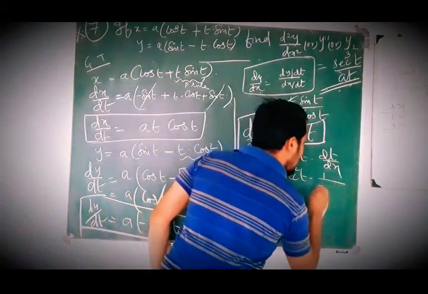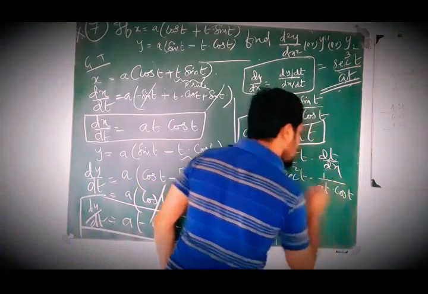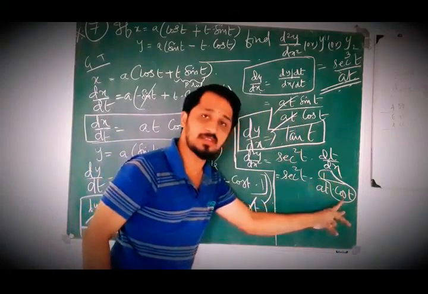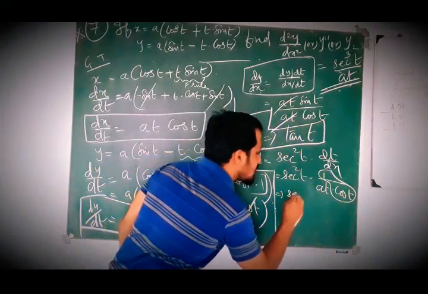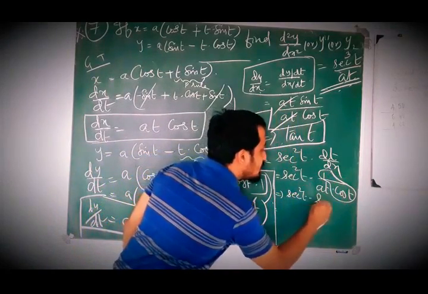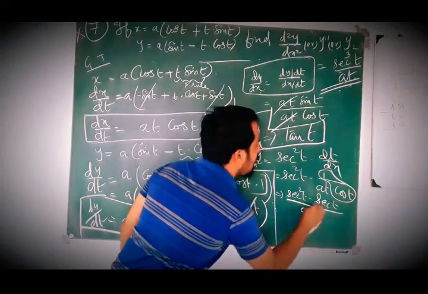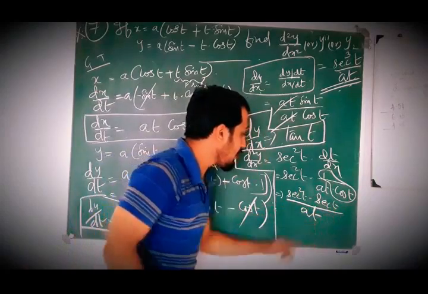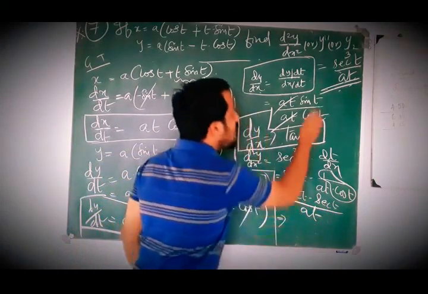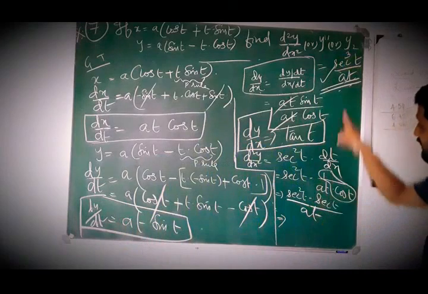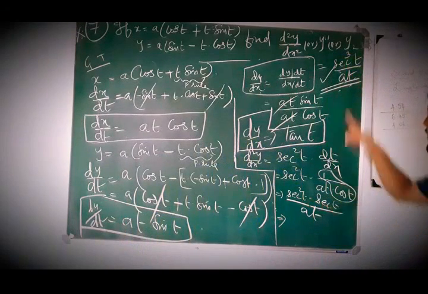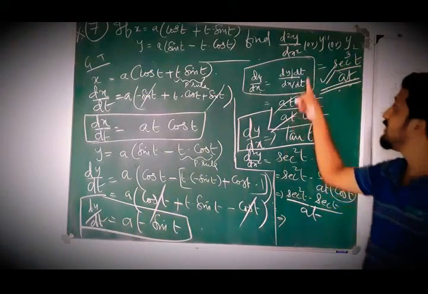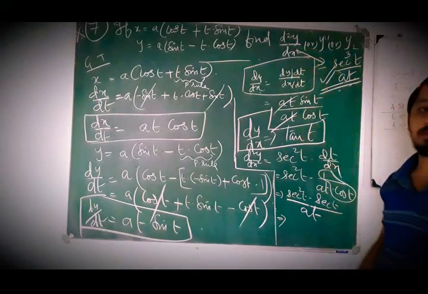So 1 by a t into cos t. Yes or no? We know that 1 by cos t is secant t. So sec square t into secant t divided by a t. That is nothing but secant cube t divided by a t, which is nothing but d square y by dx square.